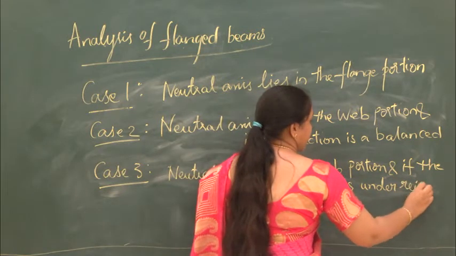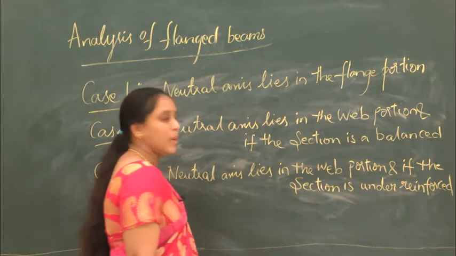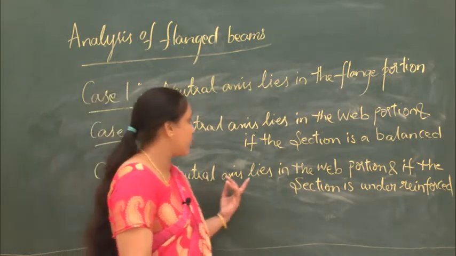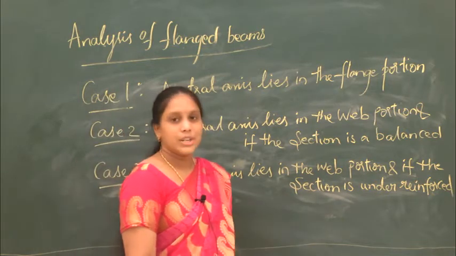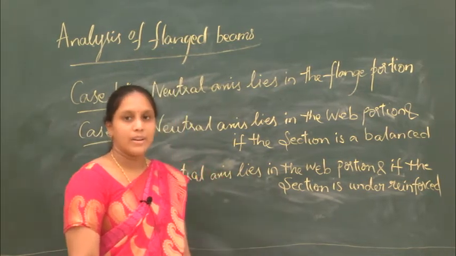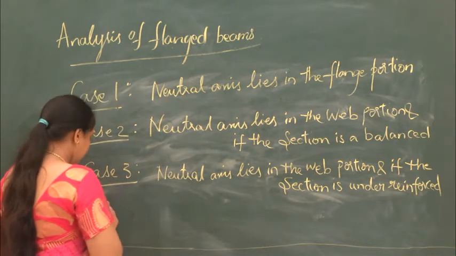So what is the section here? It is an under reinforced section. And where is the neutral axis lying? The neutral axis is lying in the web portion and if the section is under reinforced, we have an analysis in the flanged beams. That is case 3.